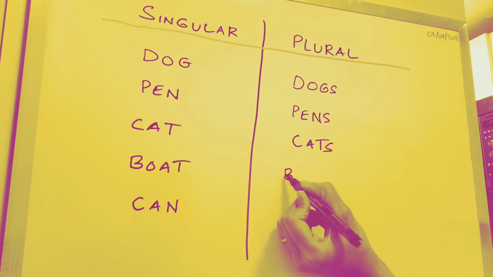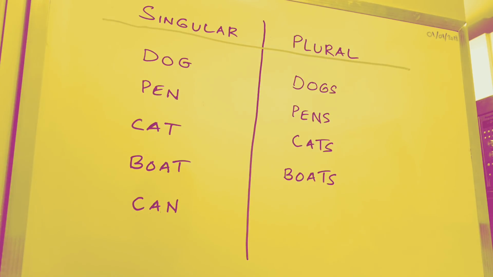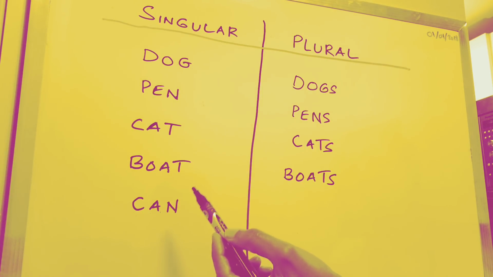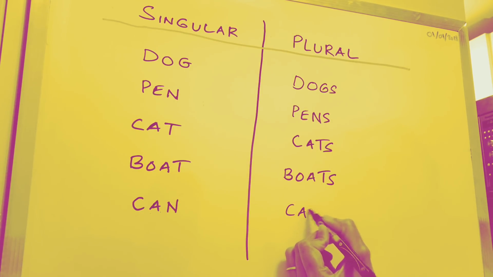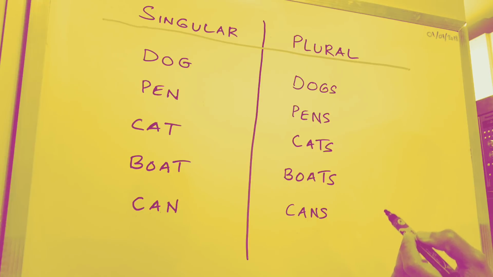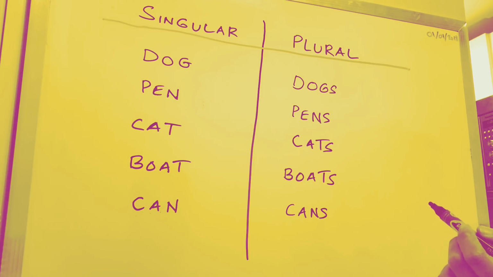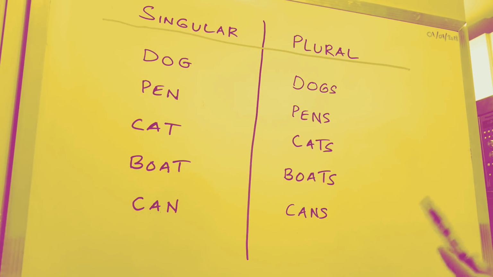If I wanted to say there's many boats, that's how I would write boats. So that means there's one boat here, and here there could be more than one: 2, 3, 4, many. Here we have the word can, and here we write it in plural form, cans. So it's pretty simple. You add an S at the end here, but there would be an exception which I would go into after this is translated to you.